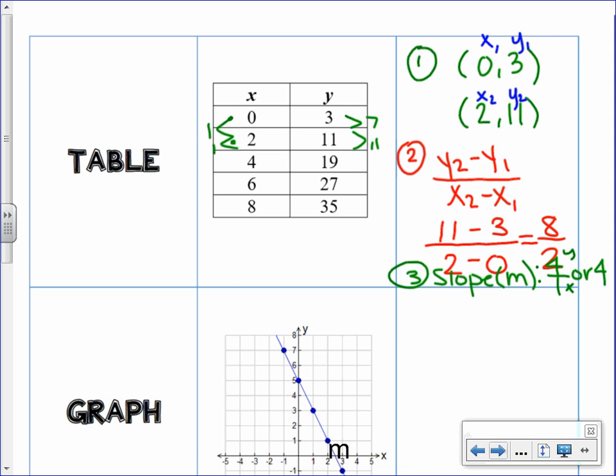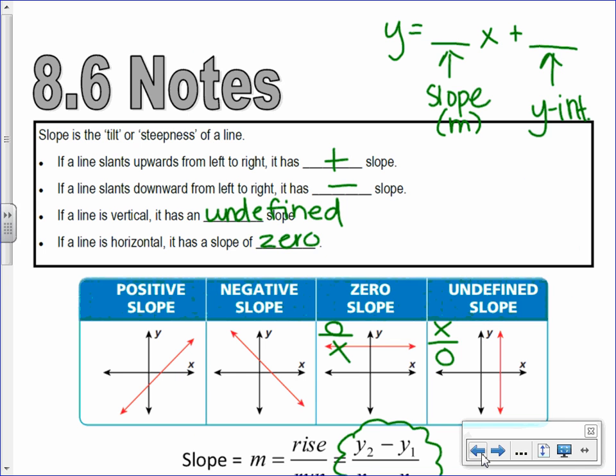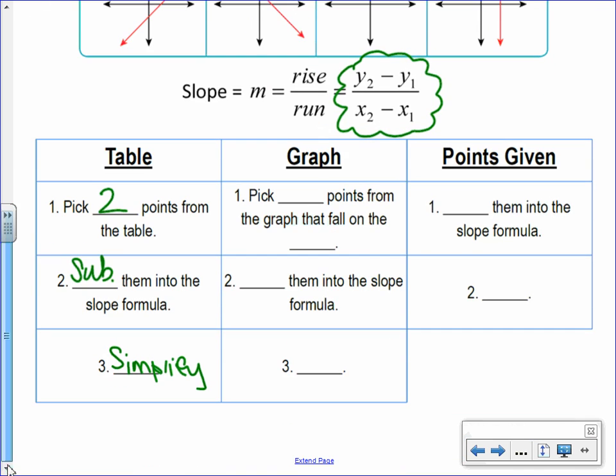Okay. Let's go back and look at graph steps. Graph is the same thing. You're going to pick 2 points from the graph that fall on the line. Middle schoolers seem to struggle with this. You can't just pick a random point. It has to actually be on the line. I know it's shocking, but you can't pick a point that doesn't fall on the line.